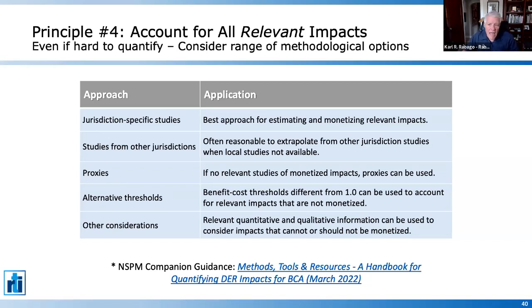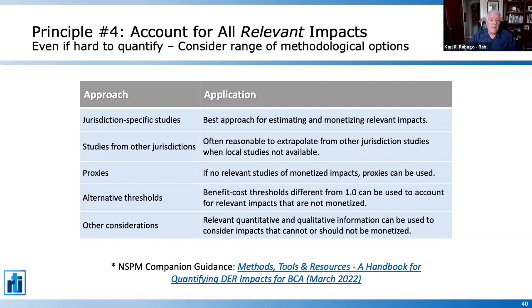If you don't have that, then these approaches tier down towards other things you can possibly look to. Like you can extrapolate from what others have done if you don't have local study information there. You can use proxies if you don't have relevant studies. You can use alternative thresholds different from 1.0, basically allowing yourself to dip in a little bit or demand a higher level of performance, dealing with certain impacts, benefits or costs that are hard to monetize.